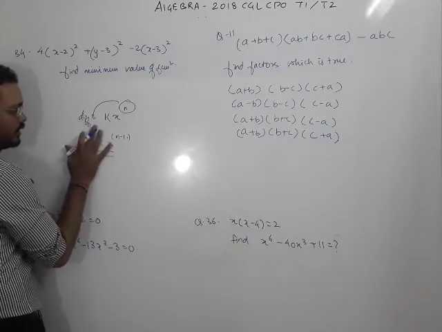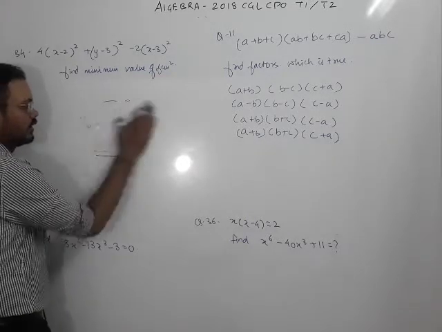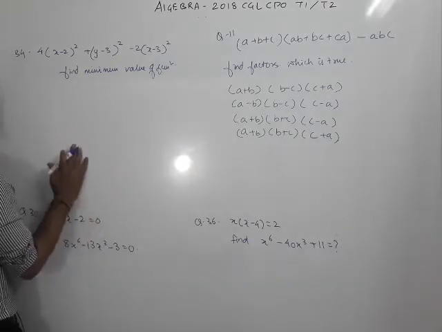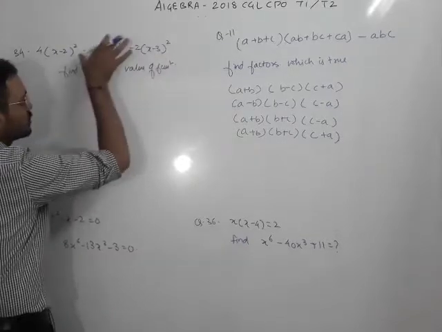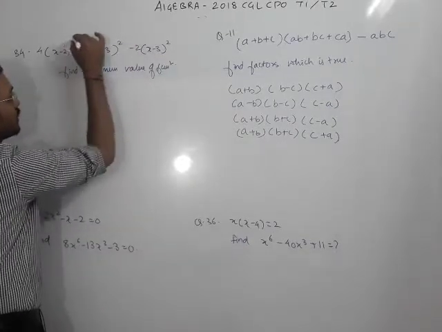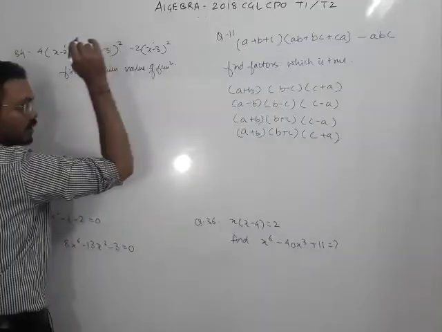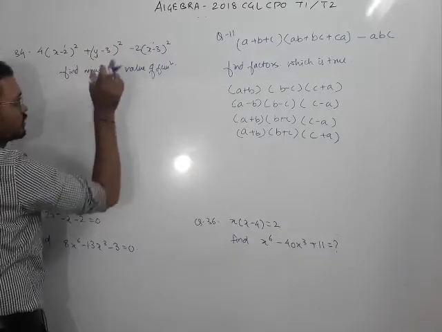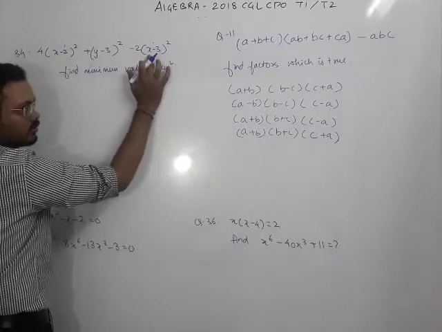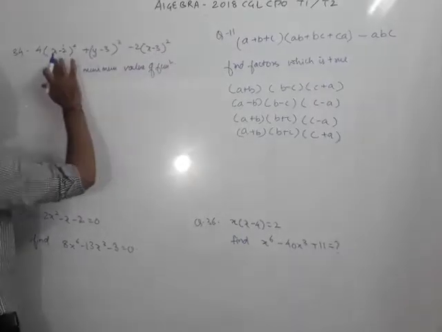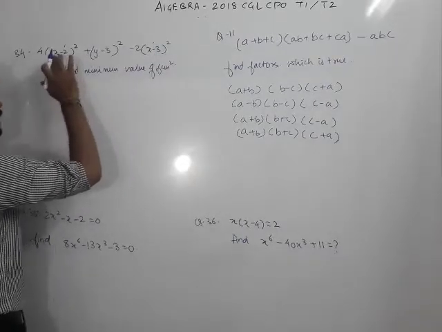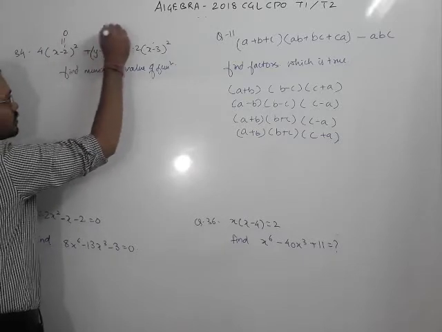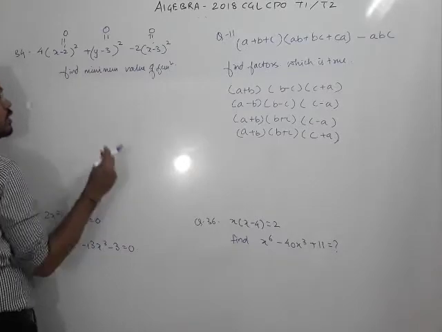Alright, so kindly remember this. And what is the minimum value? What does it mean? Of course, if it is only x, I know that if it is a single x, if this was to be z, then I could have said that the minimum value will be when this is equal to 0, this is equal to 0, this is equal to 0.